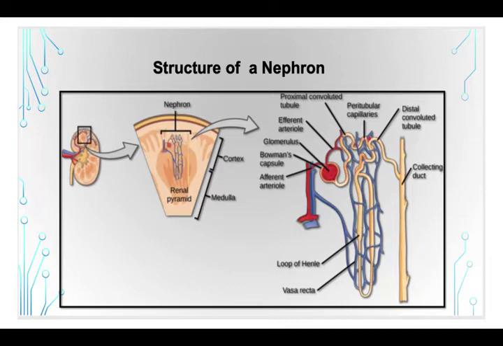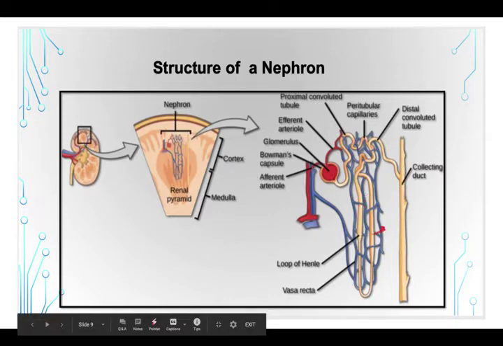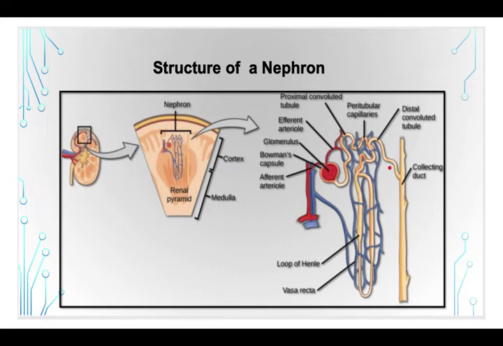the filtrate is coming, and during the movement of the filtrate from here till here, the capillary network shown here, known as vasa recta, reabsorbs all the important minerals from it. Then, in concentrated form, the urine gets collected here in the collecting duct, and the collecting ducts of millions of nephrons release their urine into the ureter.